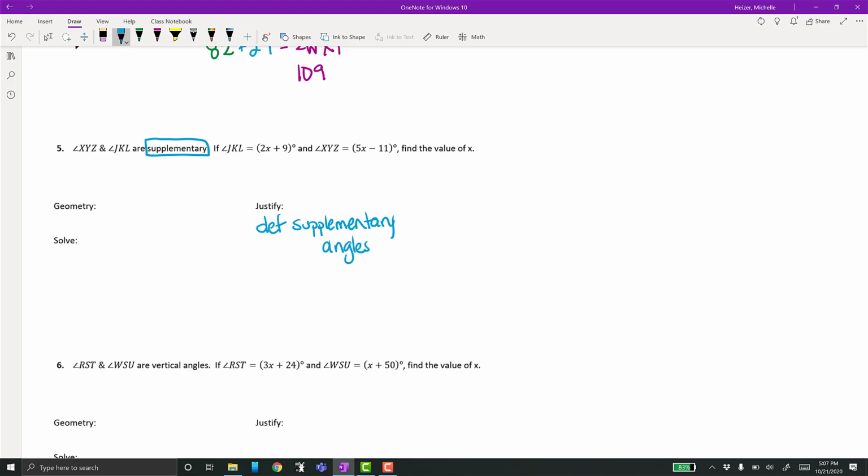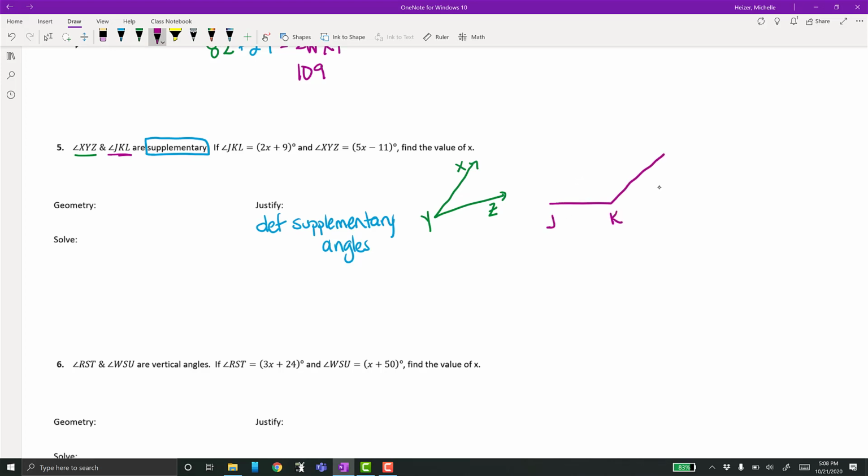Okay. And at this point, I'm going to go ahead and draw those out. So X, Y, Z: the middle one always goes on the pointy part, or the vertex. And J, K, L: K is in the middle, so it goes on the pointy vertex part.